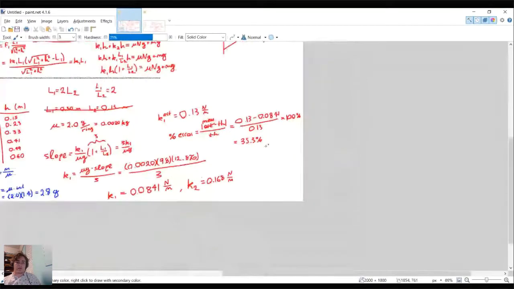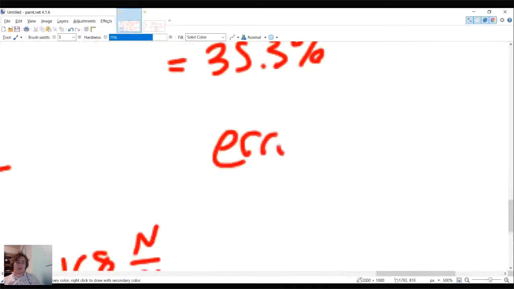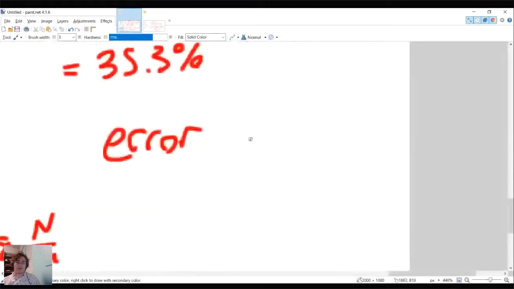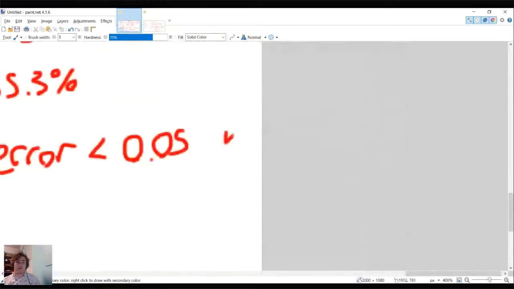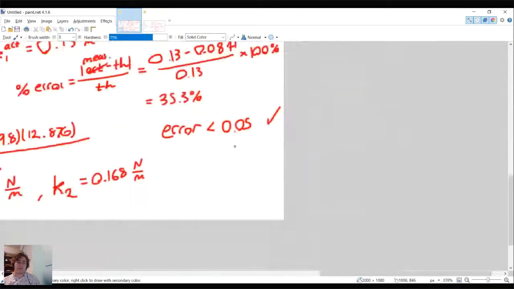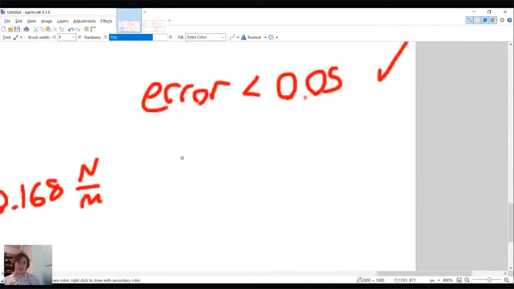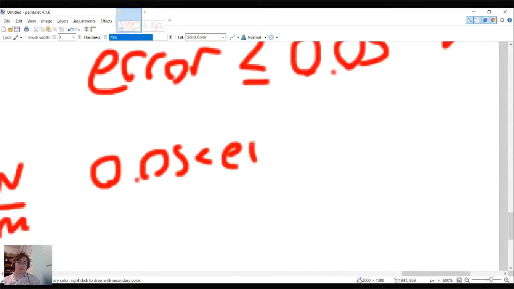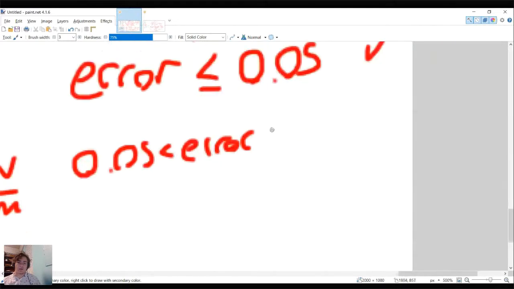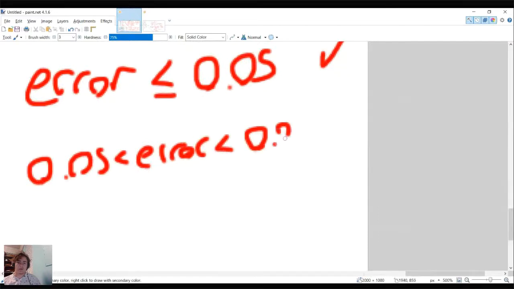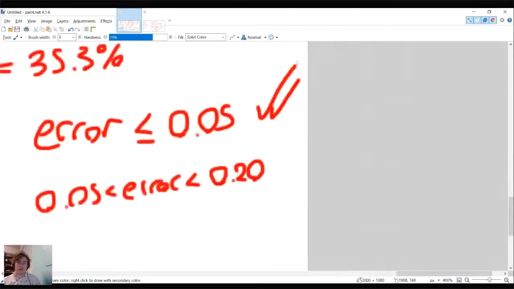The general thing is, if you got a percent error of less than 5%, that means you did the experiment really well. If you got somewhere between 5% and 20%, that's pretty good.